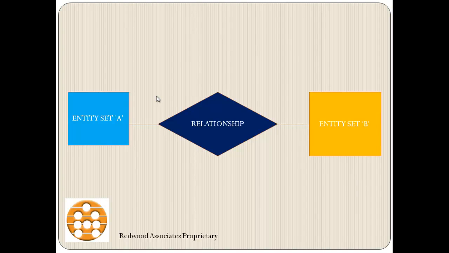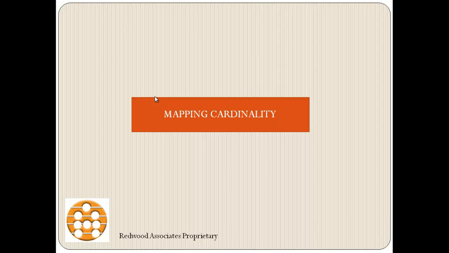Now, when we are talking of relationships and how entities are connected to each other, there is one very important concept that will come into the picture, which is known as the mapping cardinality. Now, a mapping cardinality is nothing but the number of entities to which another entity can be associated via a relationship set. We'll take an example so that it becomes a little more clear.